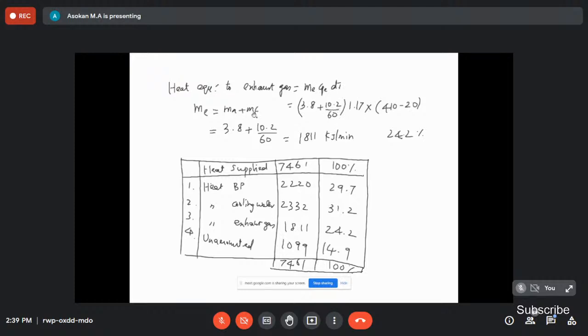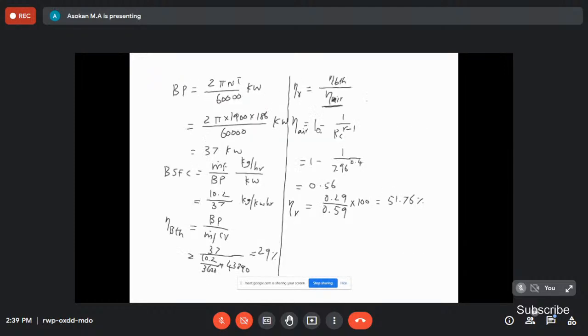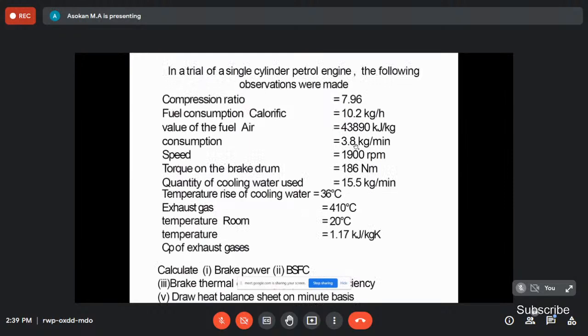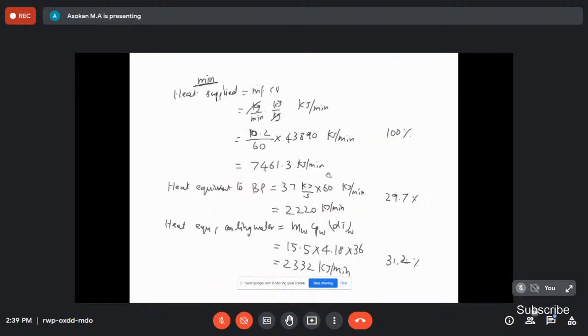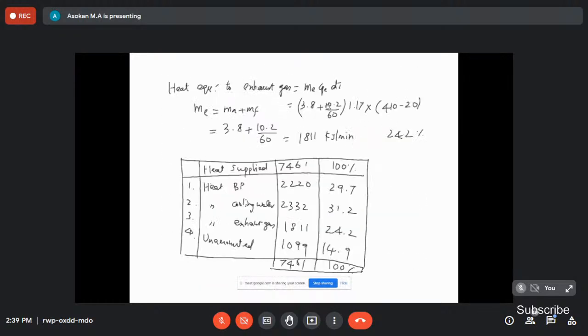Mass of air plus fuel. The mass of air is 3.8 kg per minute, right? So you can use the mass of air here and the 10.2 kg per minute. The Cp of the gas is given, and the difference of temperature, the gas exhaust temperature and the atmospheric room temperature.